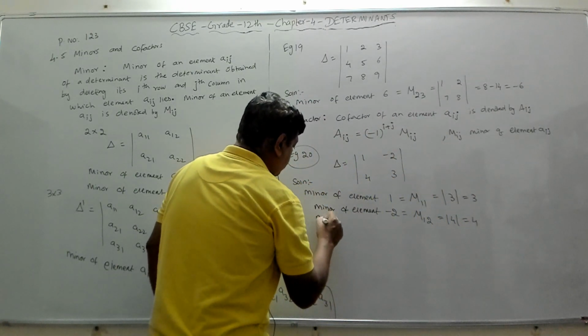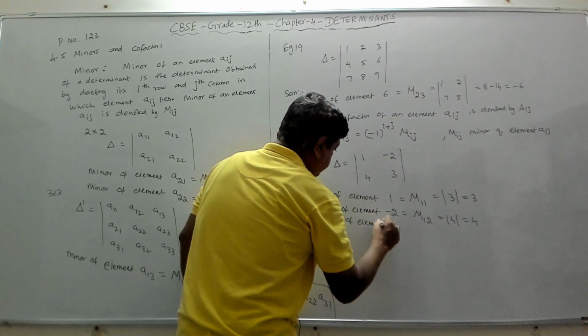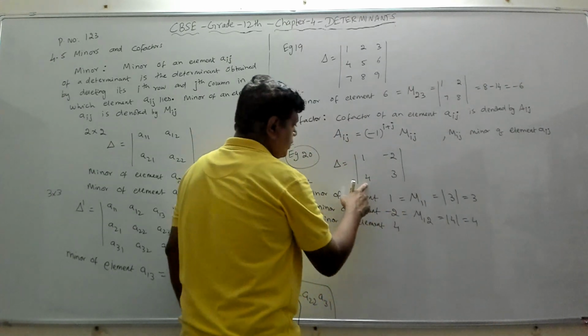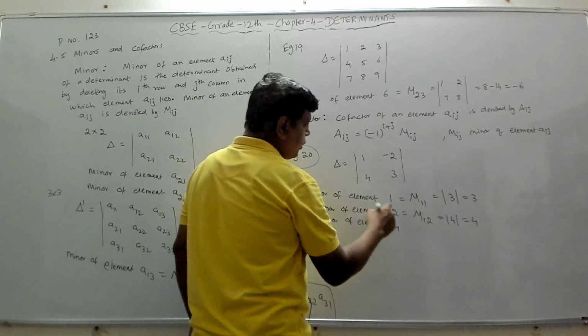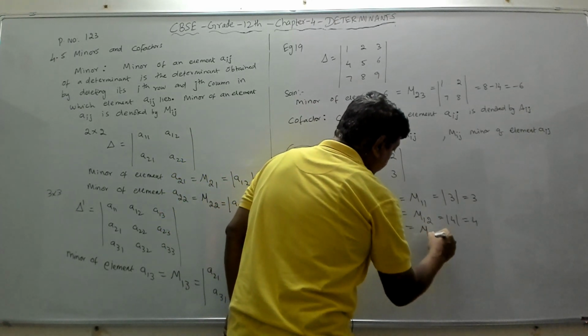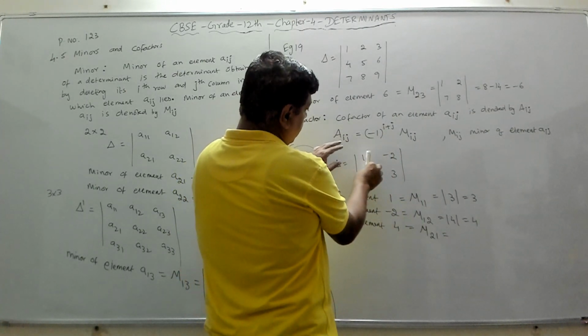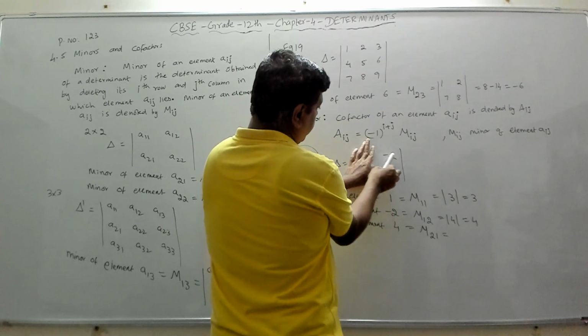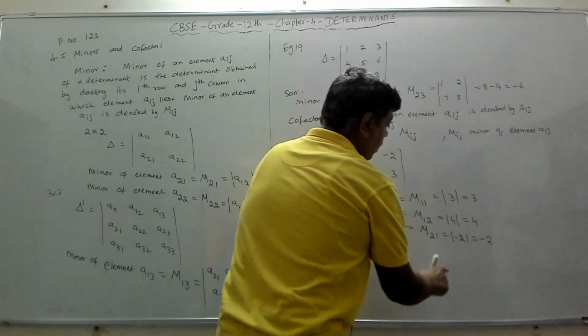Similarly, the minor of element 4, which is in position A21, is M21. Closing this row and column, we have minus 2. The determinant of minus 2 is minus 2. It's not modulus, it's determinant.